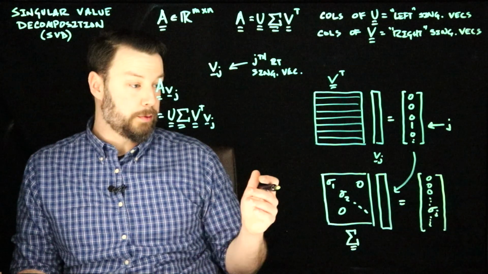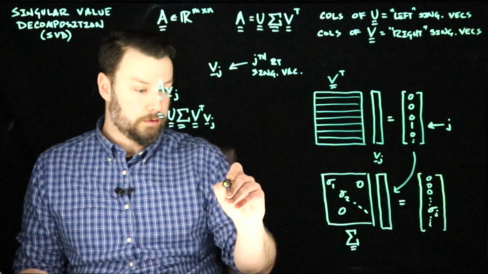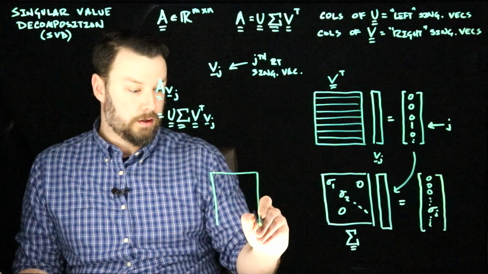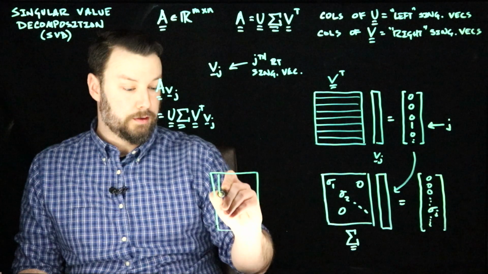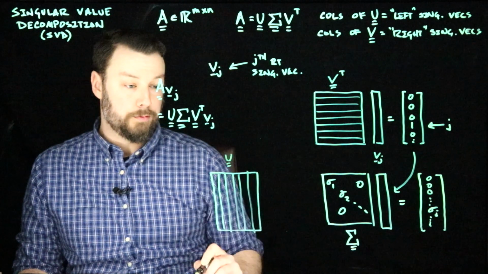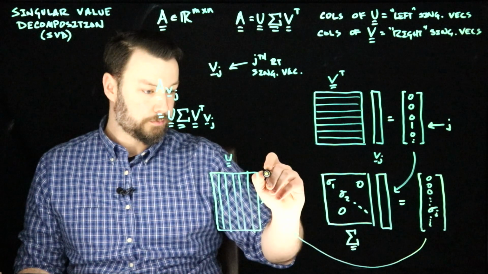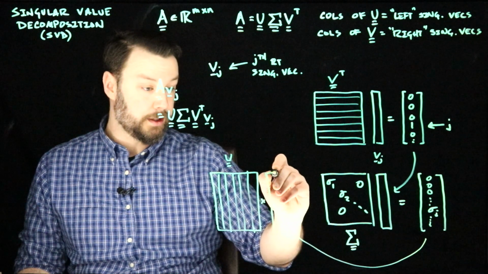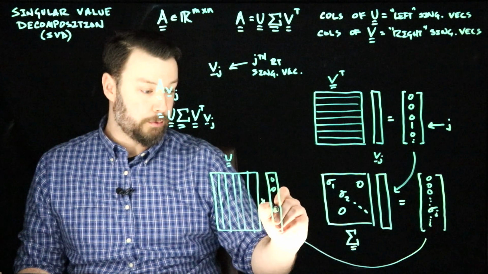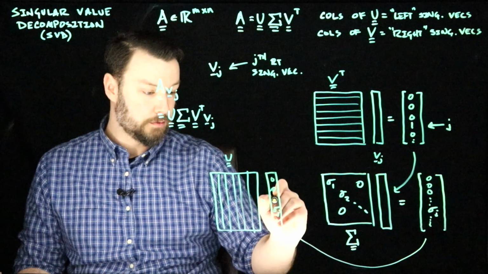Finally, we hit it with U. So we take this matrix of left singular vectors, U, and we multiply it by this vector that is zeros everywhere except for that sigma j.